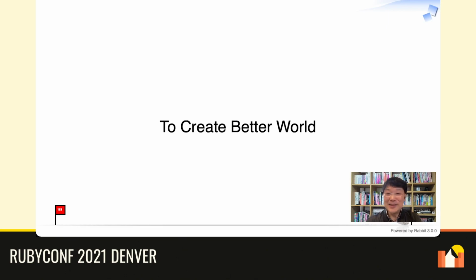I believe the world became a better place to live for me, for programmers, for you. And in a sense, I made a better world, and probably you can do it too. Okay, thank you.